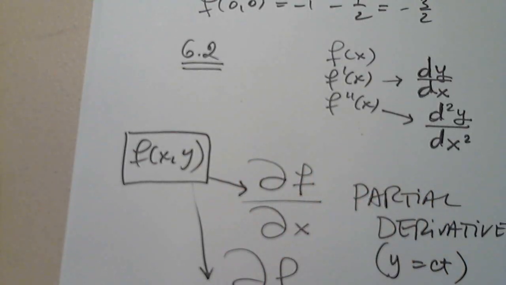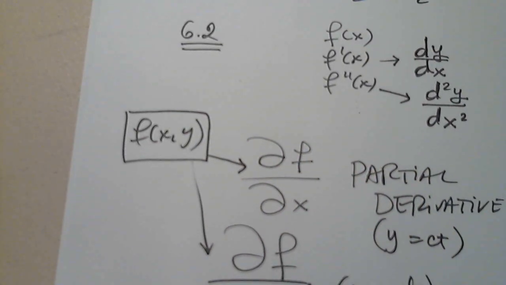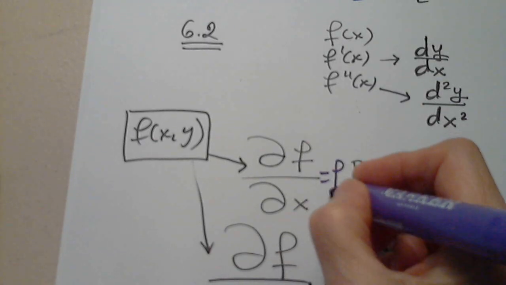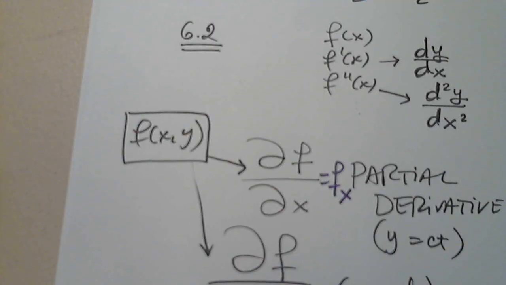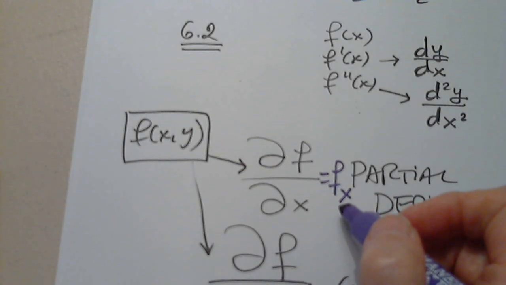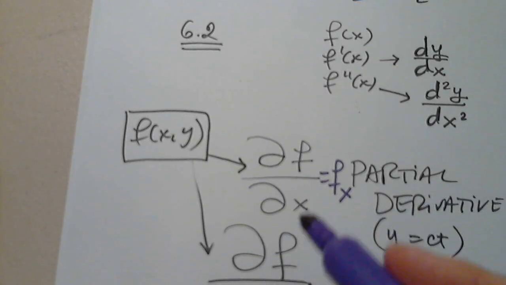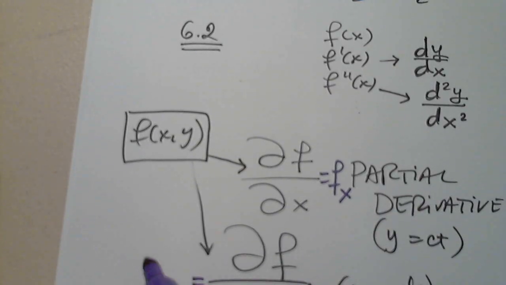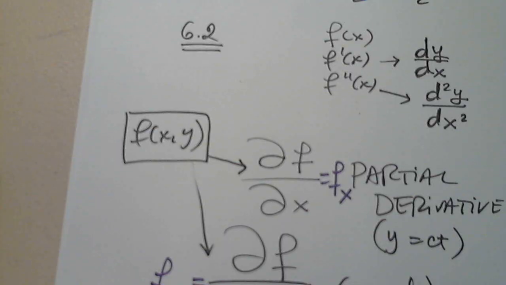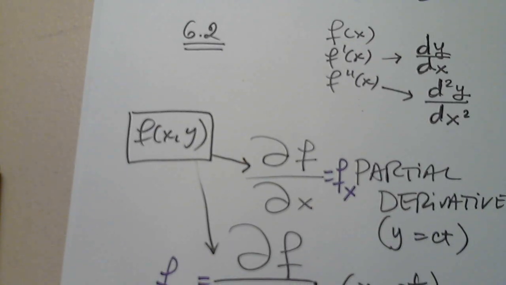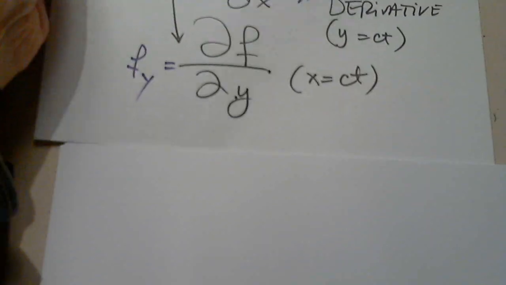Because this notation is cumbersome, we're going to use a simpler notation. This is fx. This is not f of x. Fx means the partial derivative of f with respect to x. And obviously this one will be fy. So I'm going to write them one more time so you can see them.